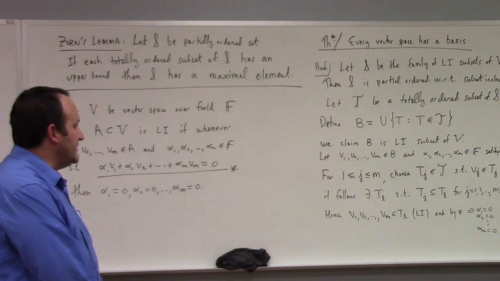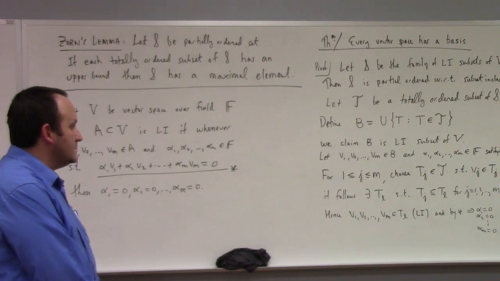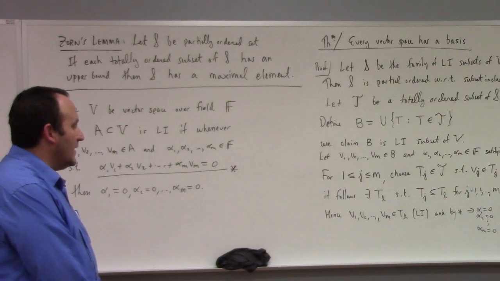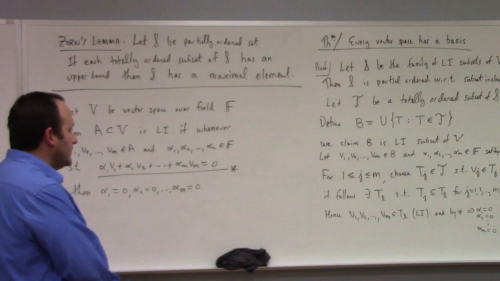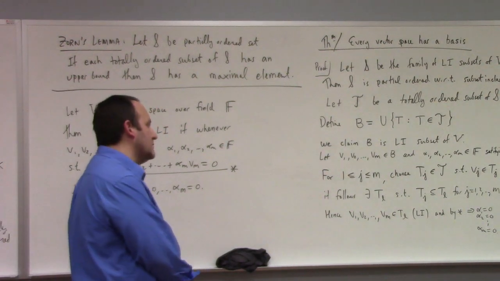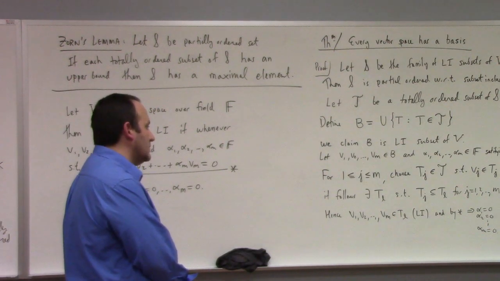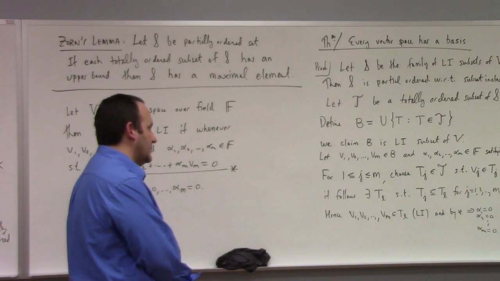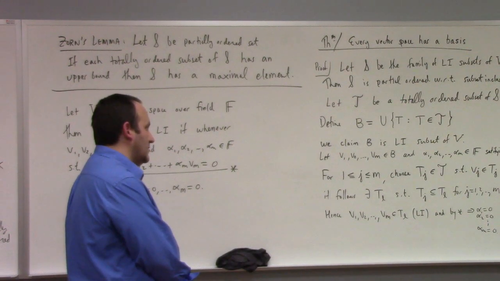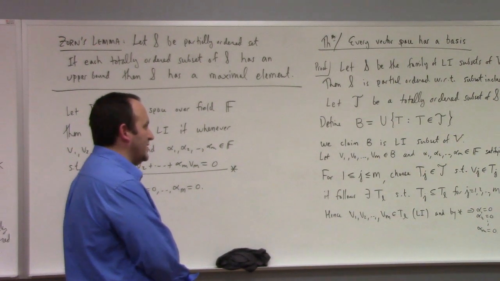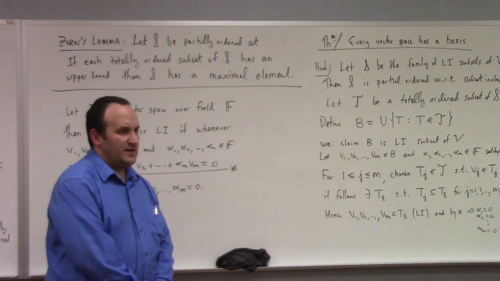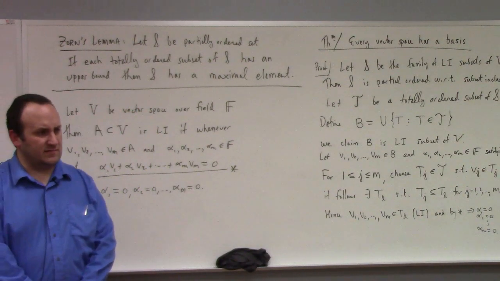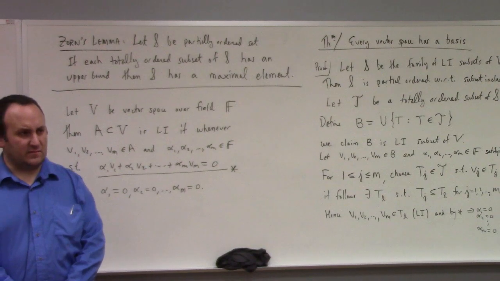B is the union of a bunch of T's, so each vector must belong to some T. But the fact that script T is totally ordered means that we can compare different subsets in it by inclusion, right?